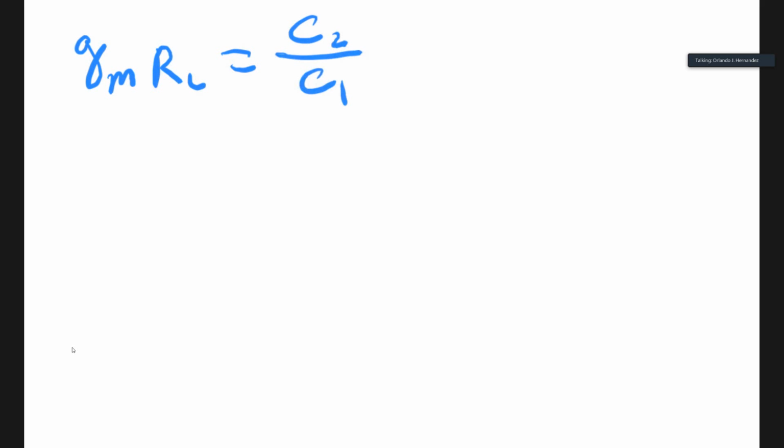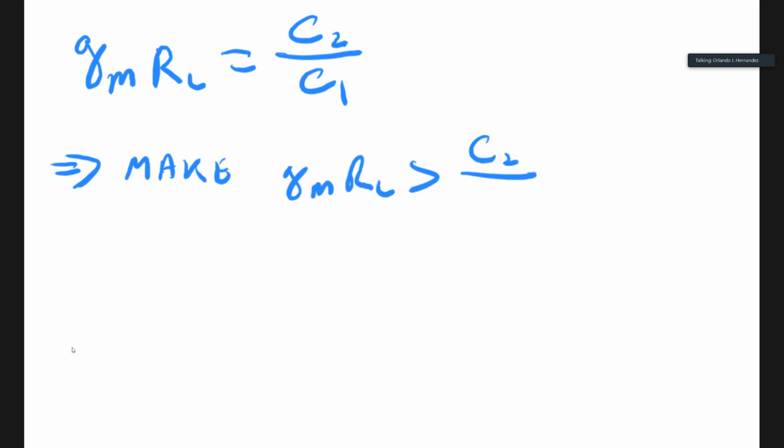What this implies is that we must make GM, the gain, higher than that ratio, because this is where it's 0, but we want it greater than 0.